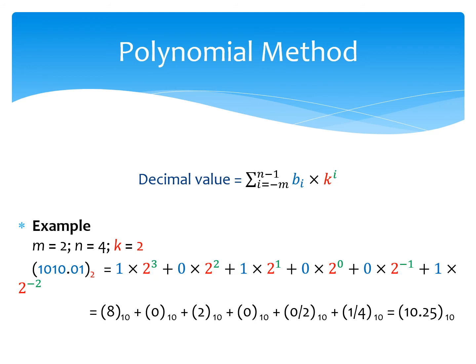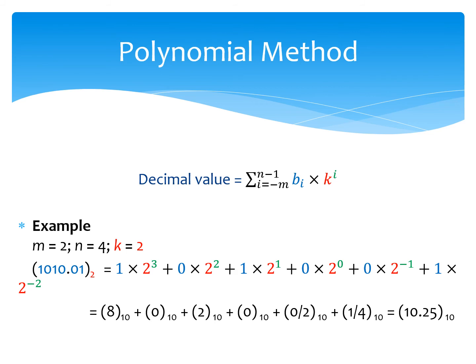The second digit from the left represents B2 at position 2. Therefore, B subscript i multiplied by k to the power of i is 0 multiplied by 2 to the power of 2, which is the second term in the calculation below.